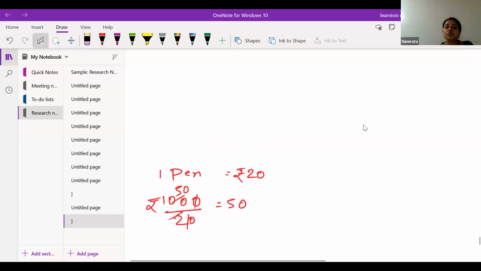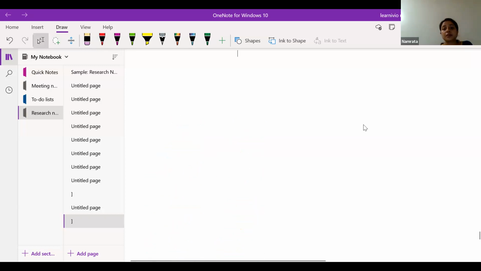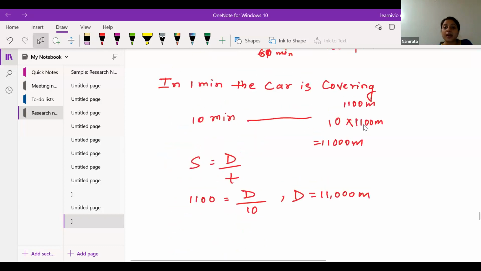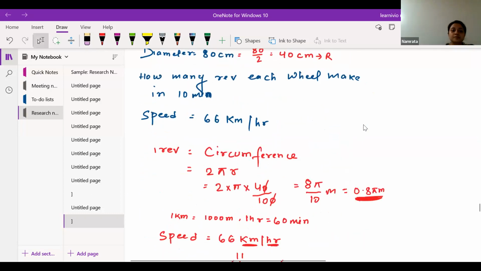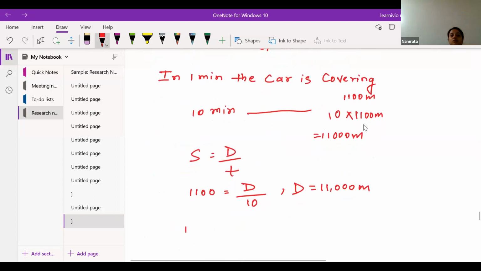Similarly, 1 revolution means 0.8 pi meter. So if I am covering a total distance of 11,000 meter, that means how many revolutions? So we will be dividing the bigger number by the smaller number. So we will be dividing 11,000 by 0.8 pi.